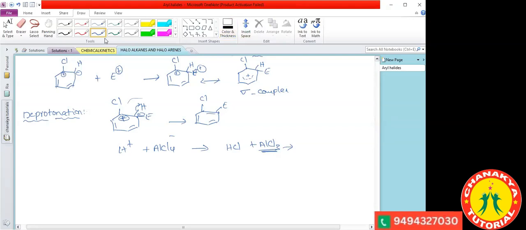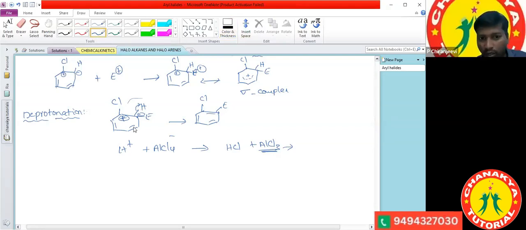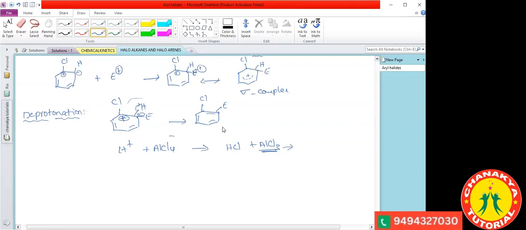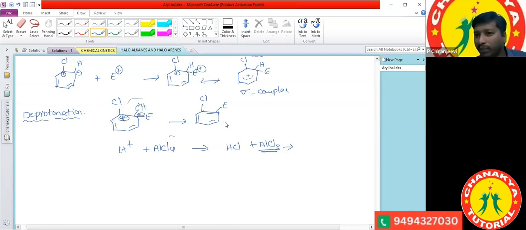Positive charge. Charged species, cations, are highly reactive or less reactive? Highly reactive. If it is highly reactive, then they are unstable. To become stable, they have to lose one atom. Which atom are they losing? They are losing H plus to become stable.